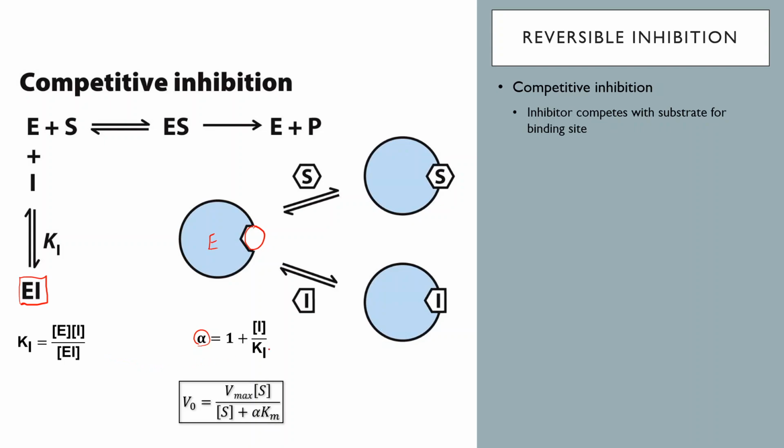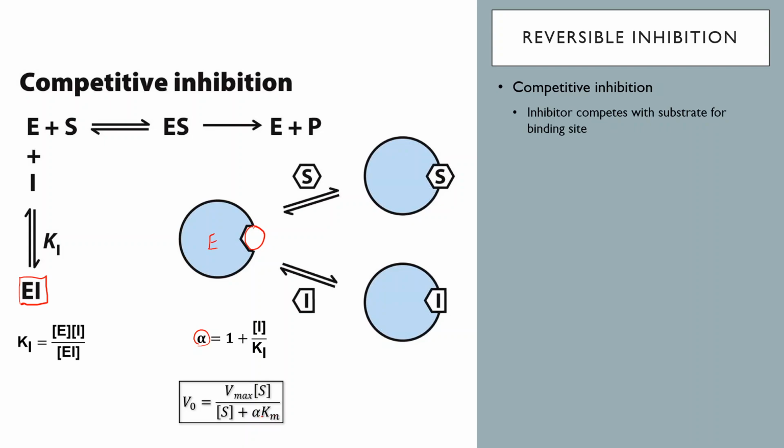And it turns out that if you have a competitive inhibitor like this, you can show experimentally that it affects V0 this way. So the V0 of this reaction, again according to Michaelis-Menten, will be Vmax times substrate concentration over the sum of substrate concentration plus Km times alpha.